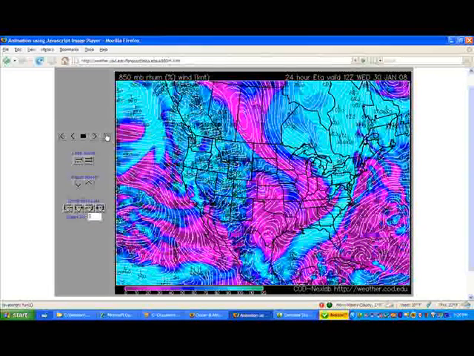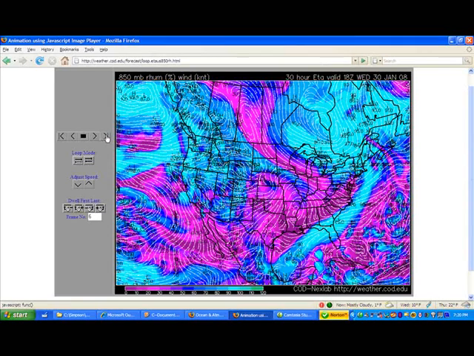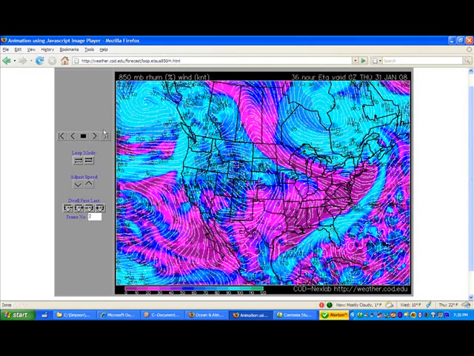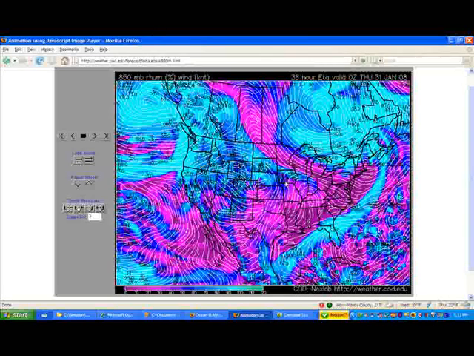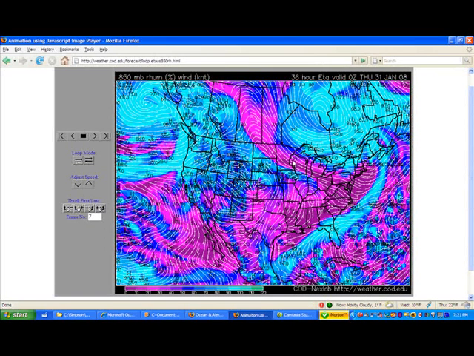But if I go forward in time, another time that I'm looking at is 0Z, which would be midnight Wednesday, and it looks like northern Iowa has some higher values. In fact, these look like 90 to 100%. Southern Iowa looks like about 40 to 50%. So just north of Des Moines, it looks like there is sufficient moisture.